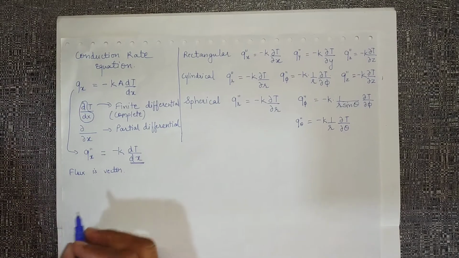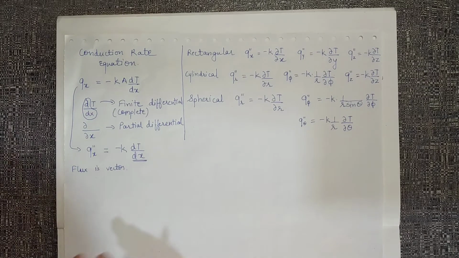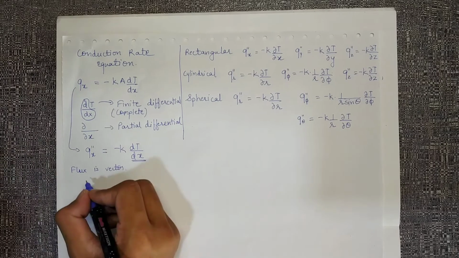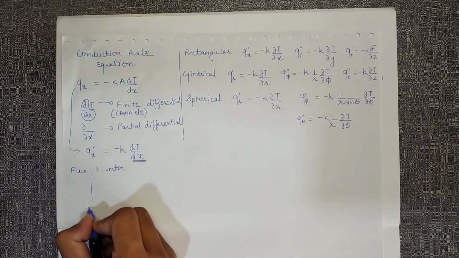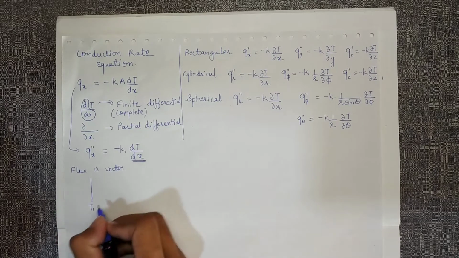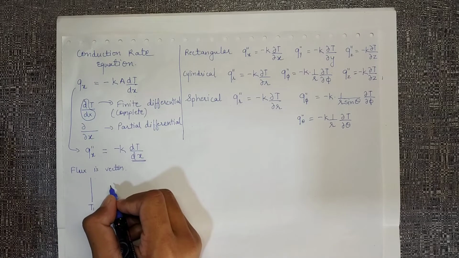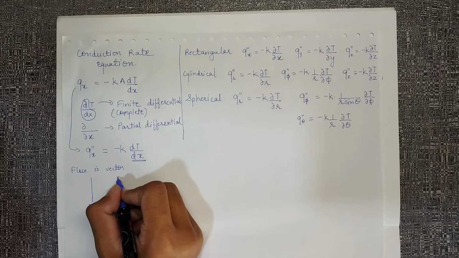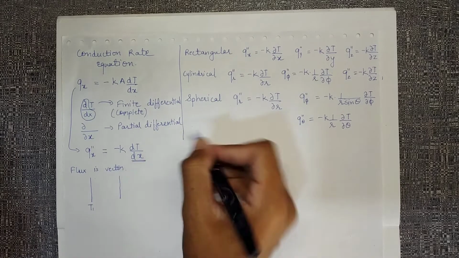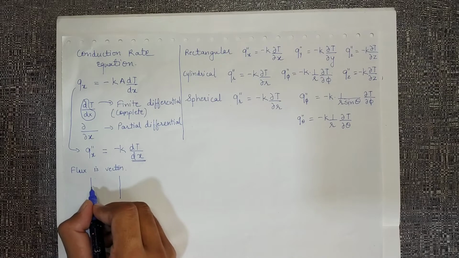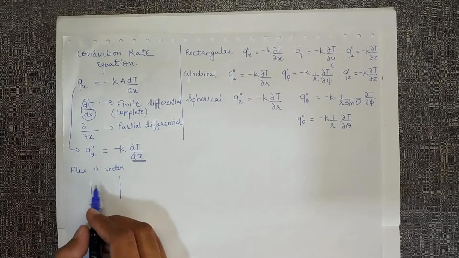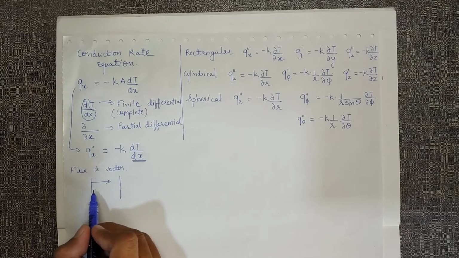That means generally the direction of heat transfer will be normal to a surface of constant temperature. If I have a surface which has a constant temperature T1, and another surface, or it may not be present, from this surface the heat transfer will always be perpendicular to it.